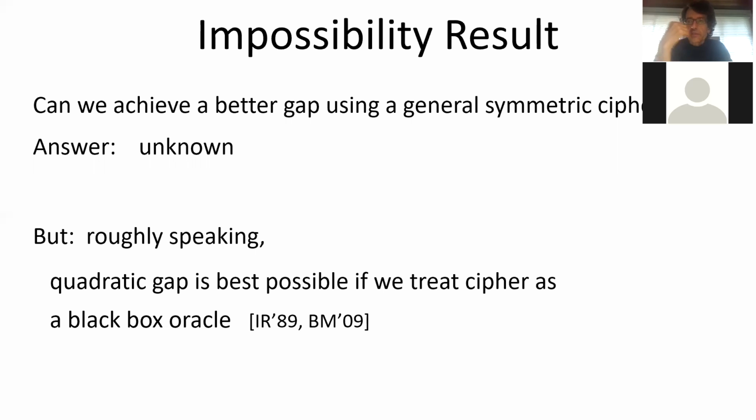Like satisfiability, graph isomorphism, not NP complete, but graph colorability, right? Like many other NP complete problems.